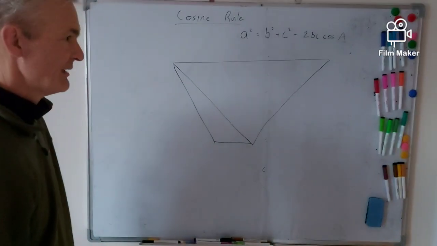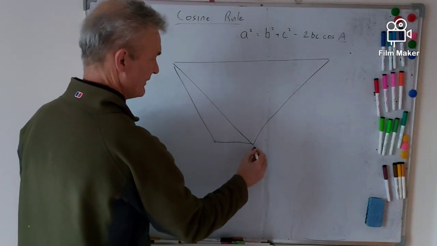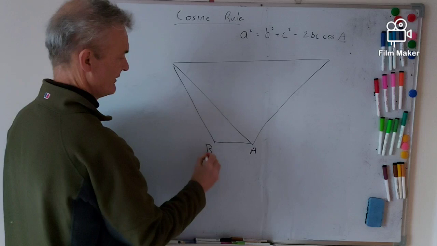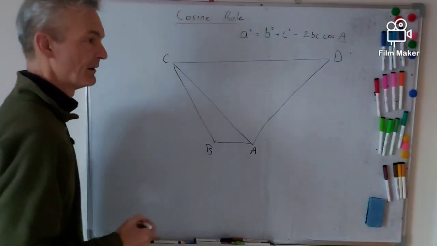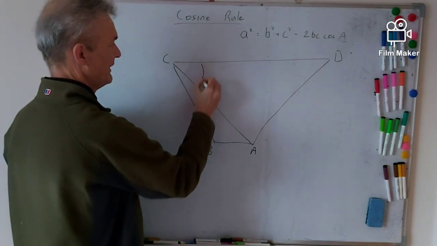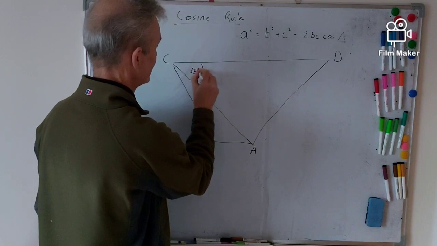So we've got this shape and we have got some labels on it. That's A, that's B, C and D. Okay, we've got this angle up here which is 35 degrees.